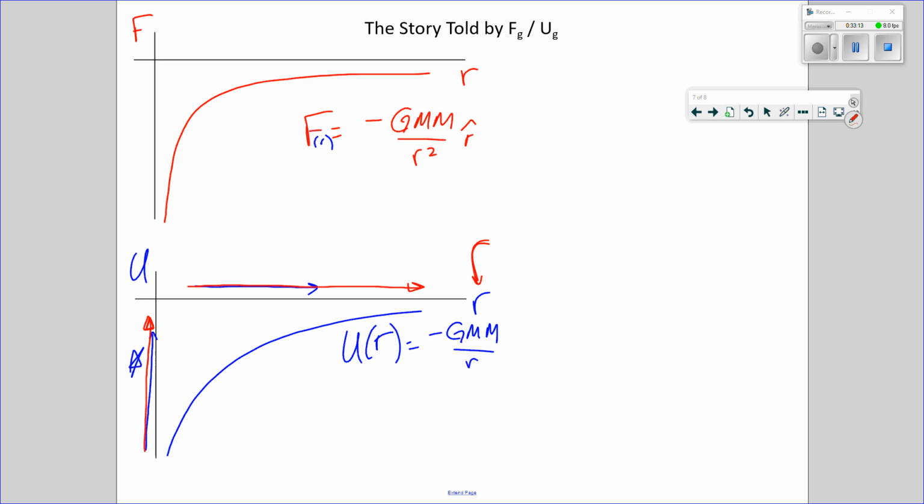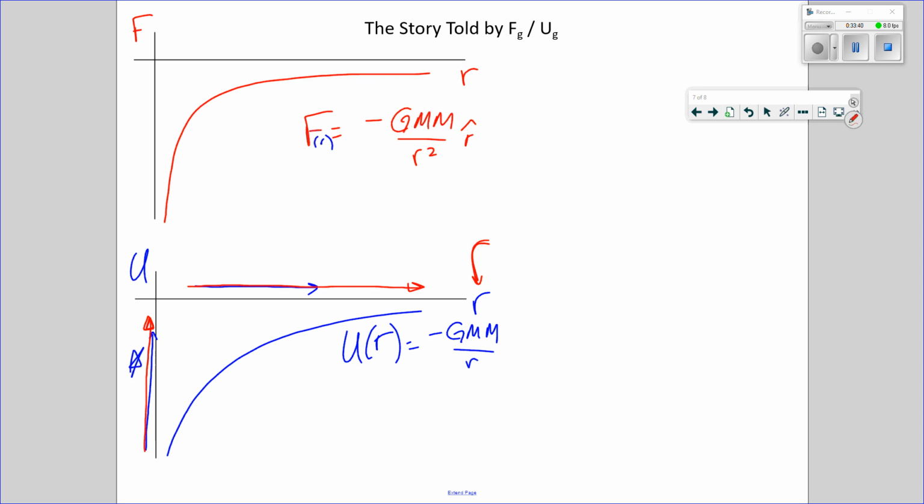We need something that increases to a maximum of 0, because when things are infinitely far apart, they have no potential energy, because the field made by one is infinitely weak, and therefore that field can't do any work. So that's why this function is pretty neat and agrees with how the universe has to work on a gravitational basis.